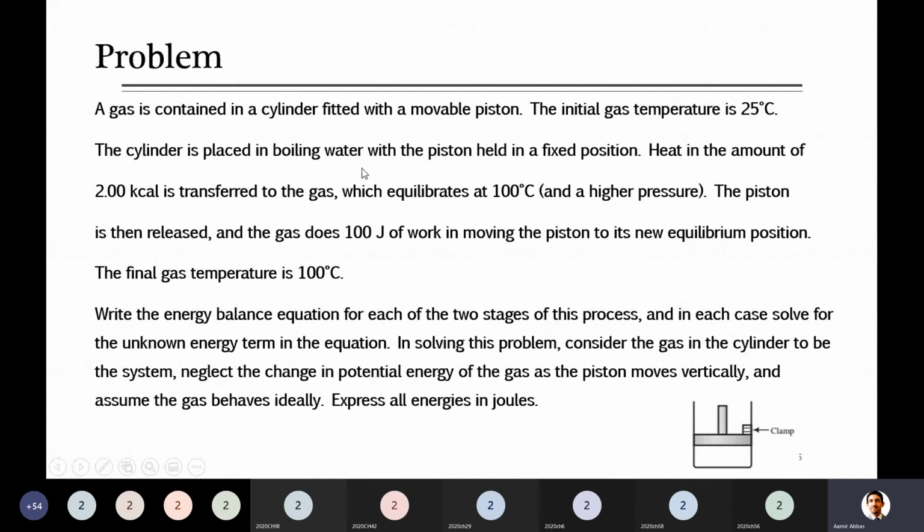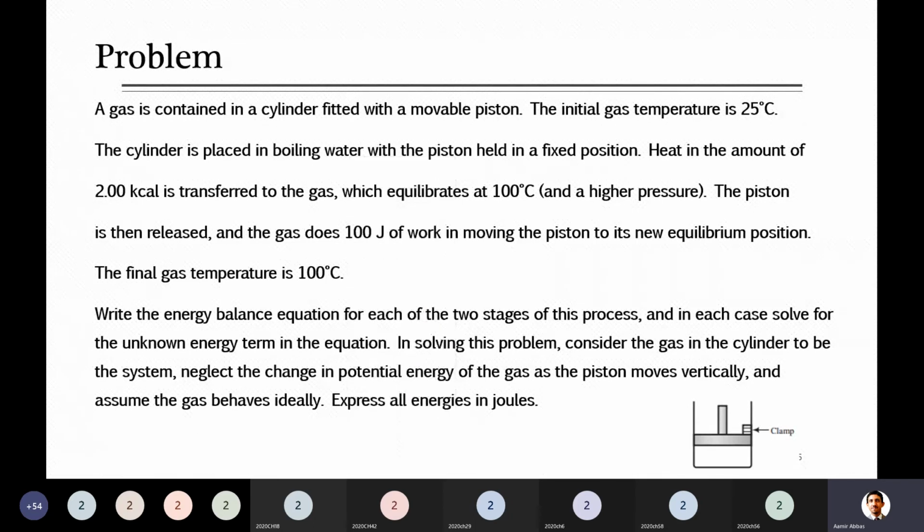Then you heat it up by placing it in boiling water at 100 degrees C. So when you place this cylinder containing gas at 25 degrees C, heat transfer will start to this gas cylinder, and its temperature will start rising and finally reach 100 degrees C. During this, when we are increasing the temperature and the piston remains in a fixed position, 2 kilocalories of heat was transferred to this cylinder.